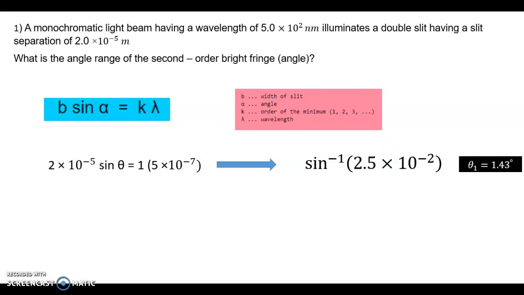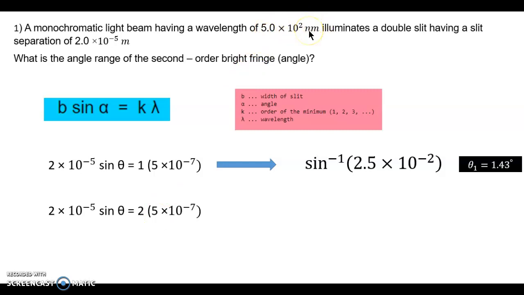Now you have to start counting and try to see the pattern in between. So at first we substitute 1. The second one, we would use the same equation, but instead of 1, we will replace it with 2. So here we have 2 times 10 to the negative 5 sine of theta equals 2 times 5 times 10 to the negative 7. Nano means 10 to the negative 9.